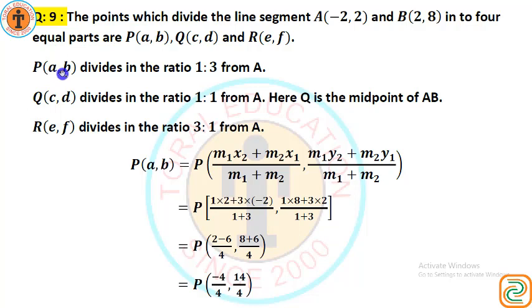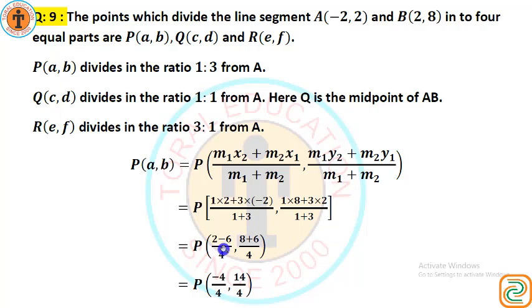So in the first section, the ratio is 1 is to 3 from A. In the second, that is the midpoint, 1 is to 1, Q is the midpoint. And in the third section, that is ratio 3 is to 1 from A. So first we have to find out P. For P, we apply the section formula: m1 x2, that is 1 into 2, x2 means 2, x1 means minus 2. Right?